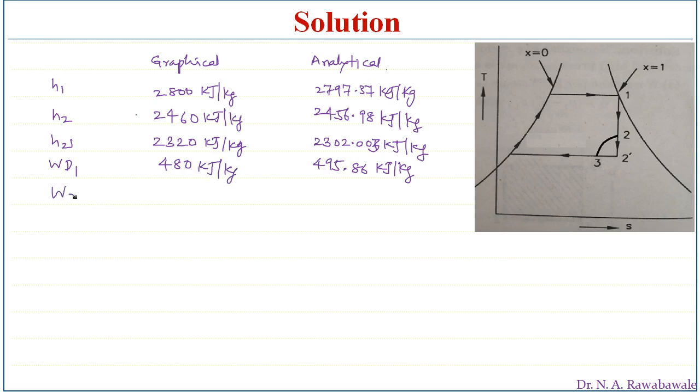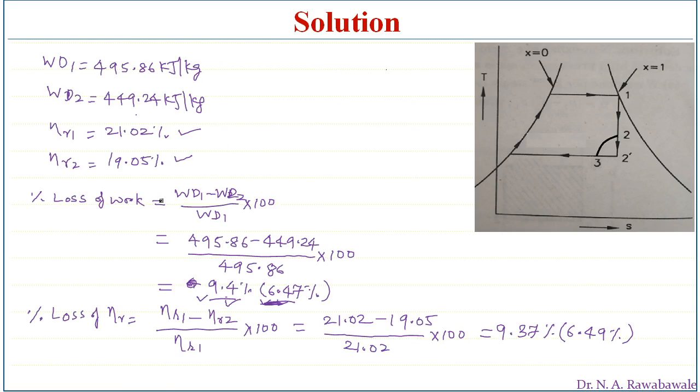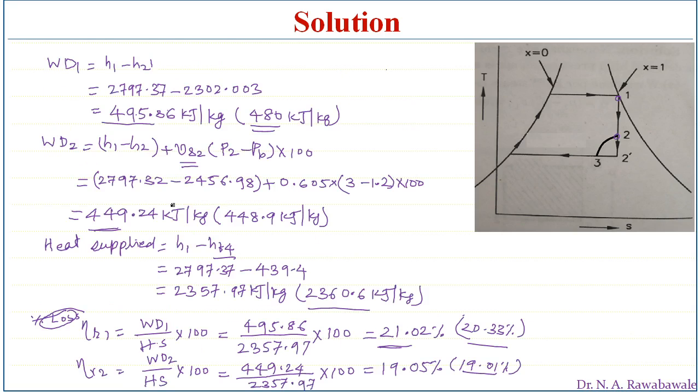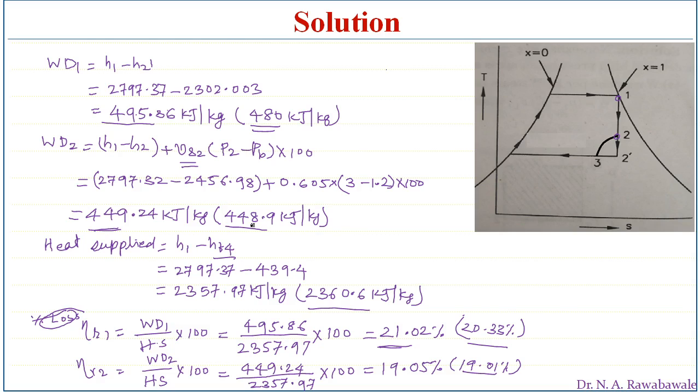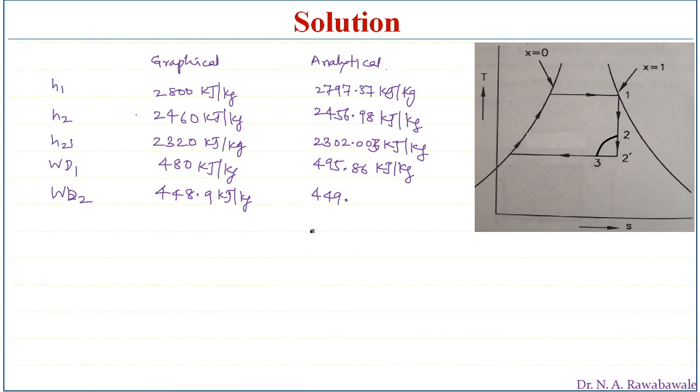Then work done 2. We obtained graphically 448.9 kilojoules per kg, and analytically 449.24 kilojoules per kg.